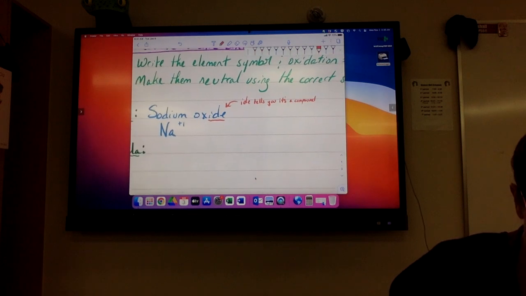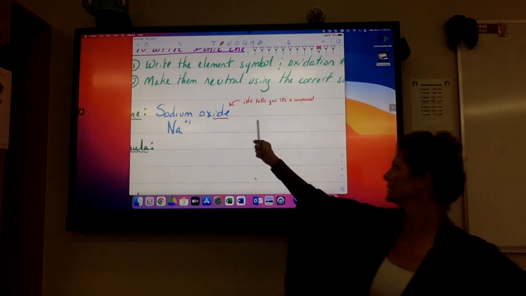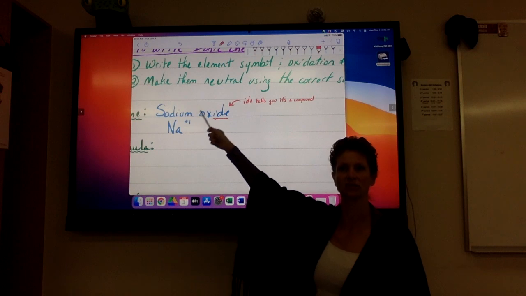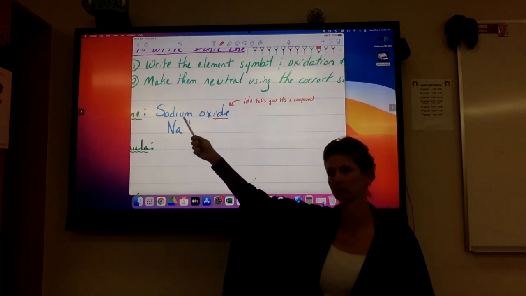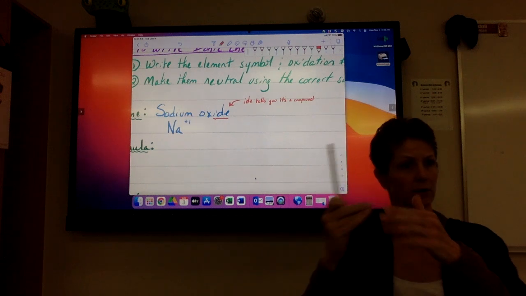So notice that they changed the ending of the second word only. And what that means is this oxygen is hooked together with that sodium to make a compound. And so they changed the ending so that you know that they're hooked together.